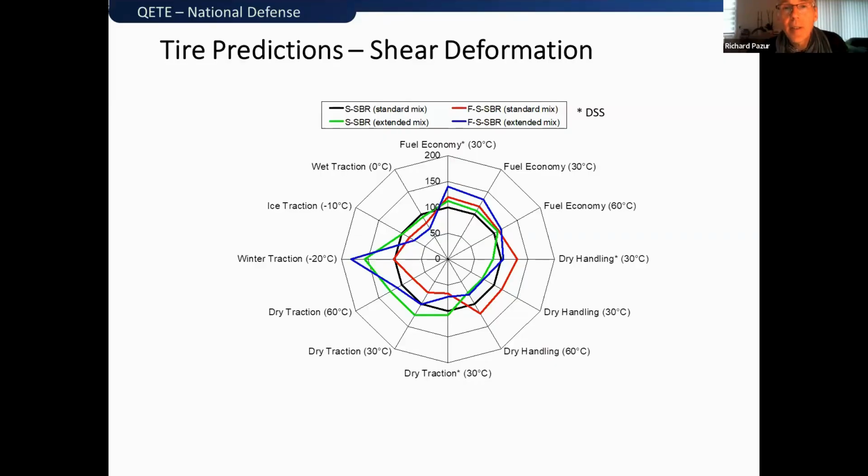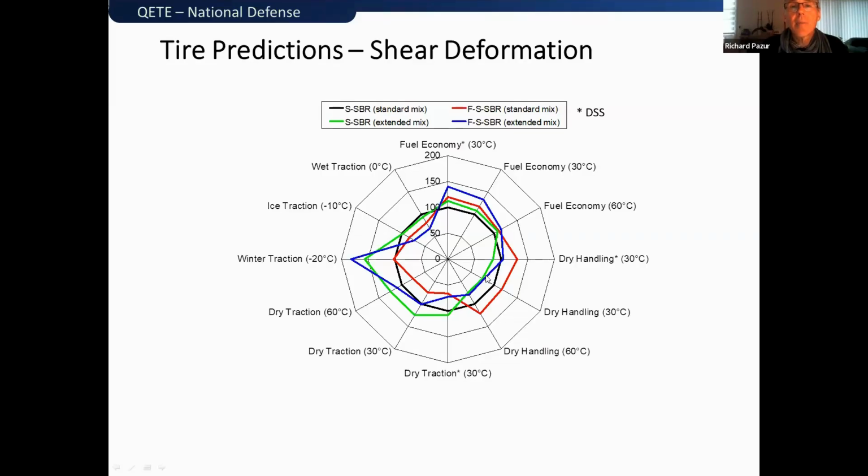I didn't tell you in the beginning, but the material does have a slightly lower glass transition temperature, so it is going to help, for example, the winter traction. However, there are always trade-offs. And when you look here, for example, at some of the dry handling, dry traction with the blue, we do lose out versus the standard mix or the standard SBR.